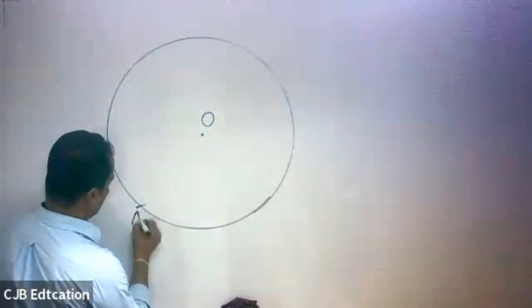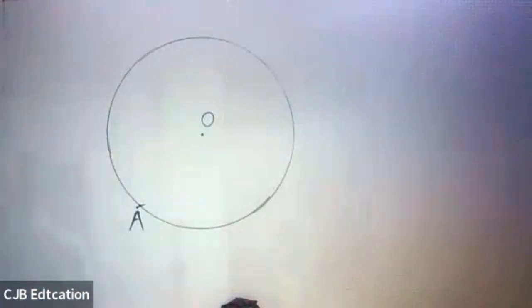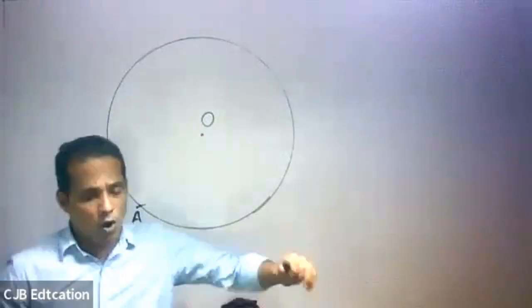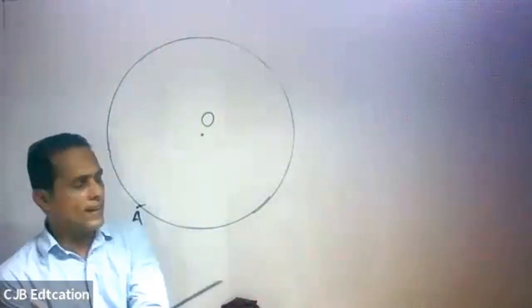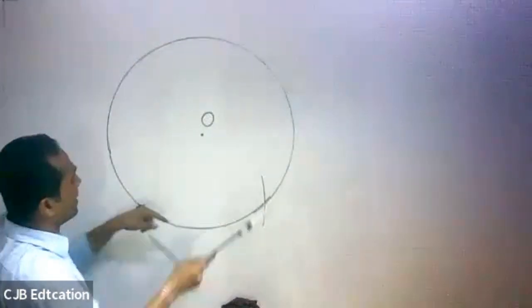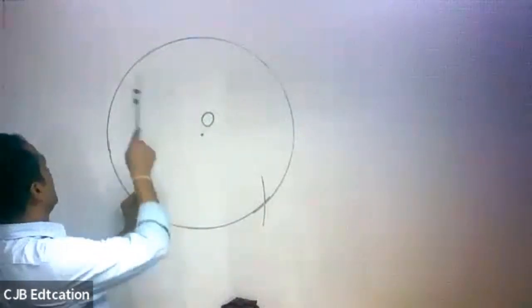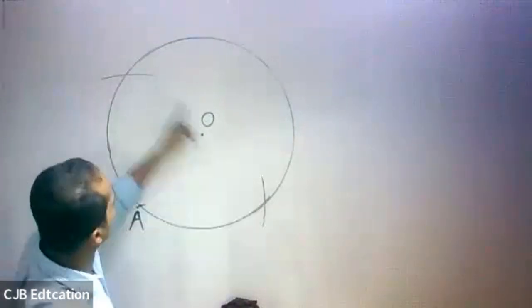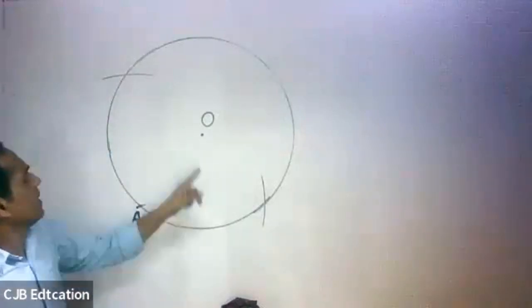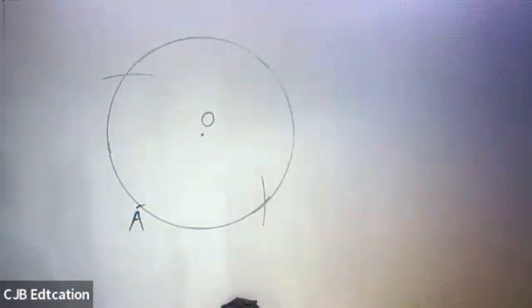We can name this point on the circle as A, and we should take the 5 centimeter distance with the compass, put the tip on A, and then take the arc on the circle here or here. We can take the same distance from A for both points on the circle.